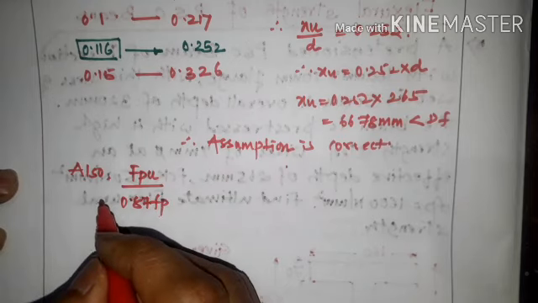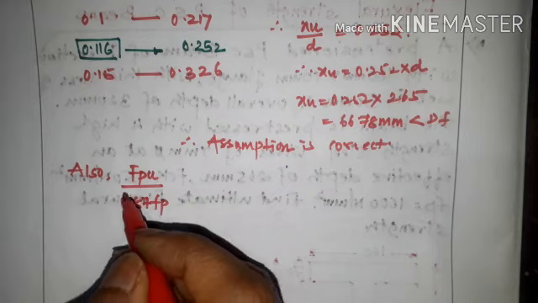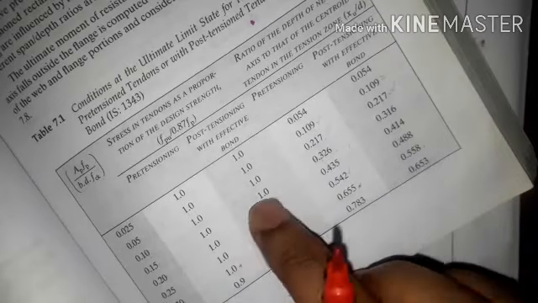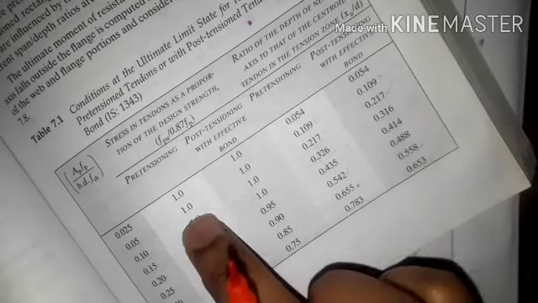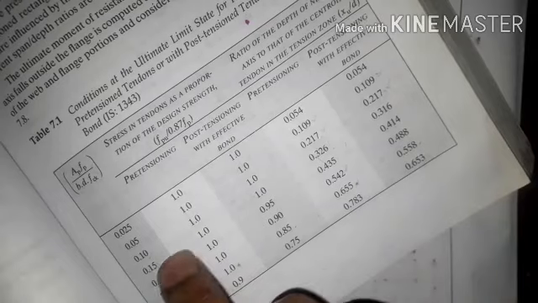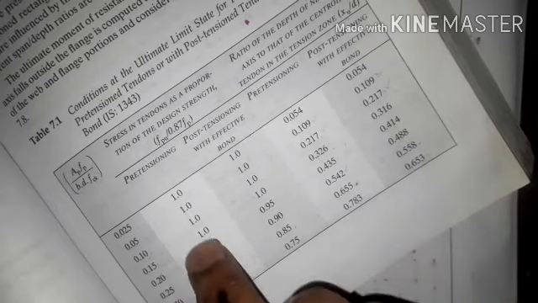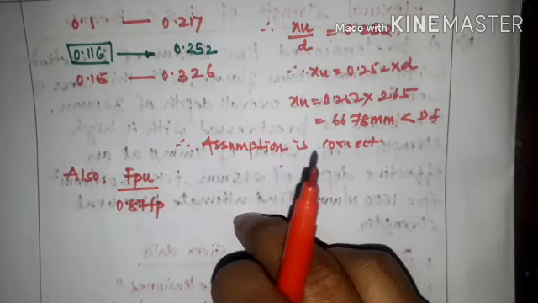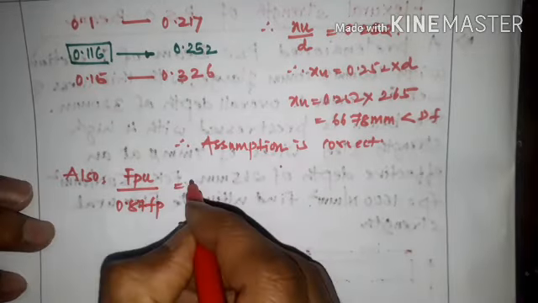I can show you here, you can see here, this is for post and pre-tensioning. For 0.1 it is 1, and for 0.15 also it is 1. So it is 1 only, no need to interpolate here.